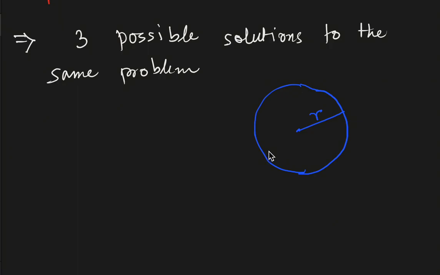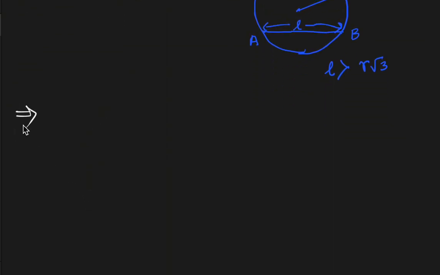Our job is to find a chord AB whose length, suppose L, is greater than r root 3. What is the probability that we can arbitrarily choose a chord, suppose AB, whose length is greater than r root 3? Let me solve it the first way.